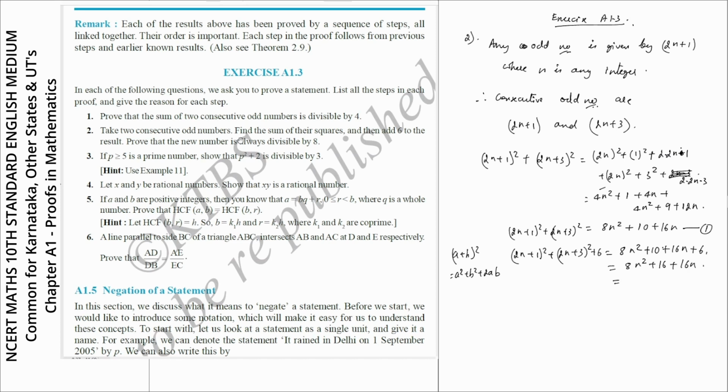Now here I can take 8 as common factor. I am left with n square plus 8 2s are 16, plus 8 2s are 16. So 8 into n square plus 2n I am getting. So 2n plus 1 the whole square plus 2n plus 3 the whole square plus 6 is equal to 8 into n square plus 2 plus 2n. So here what it means? It means 8 is a factor of this.